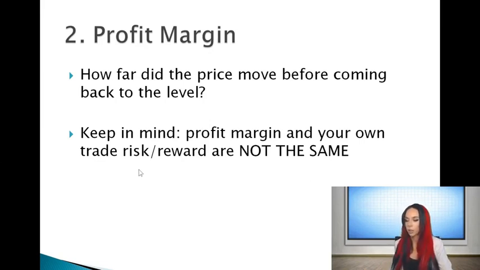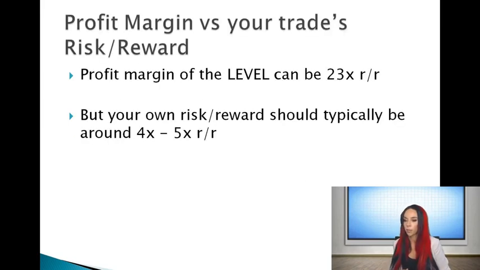Something to keep in mind is that the profit margin and your own reward-risk ratio on your trade are not the same thing. The profit margin of the actual level could be 23 times the size of the level. Let's say, just for argument's sake, that you have a level that's 10 pips wide, comprised of 10 pips from the proximal line to the distal line.